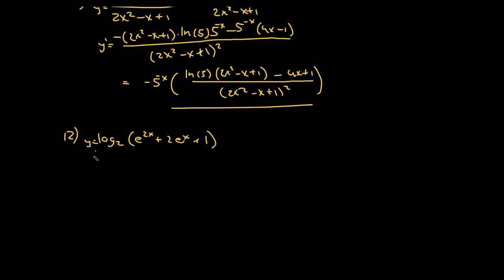Alright, so we have to find y prime, the derivative of y. So we have to use the chain rule here, right? But first of all, we might want to rewrite this logarithm in terms of ln. I think that's a little bit nicer. So I'll just first of all copy this up here and then divide by ln 2.